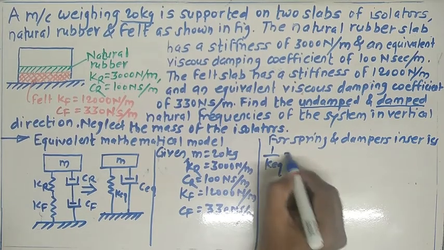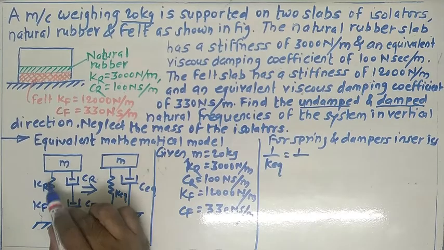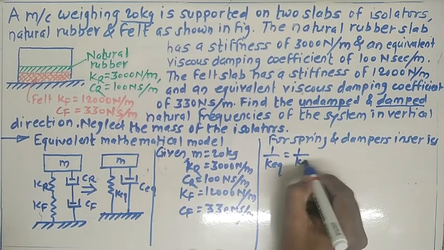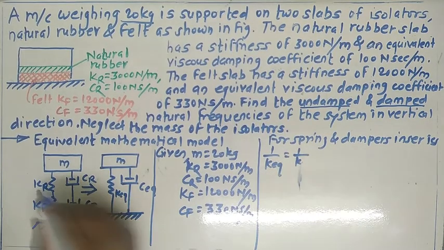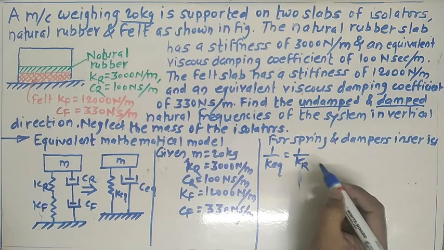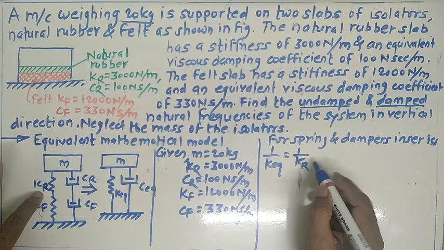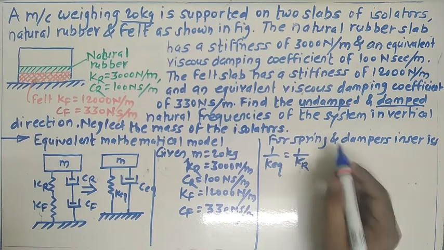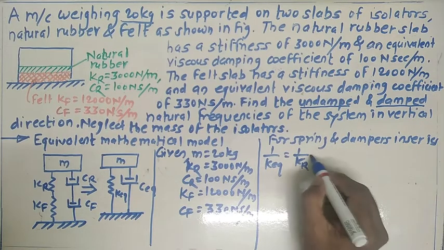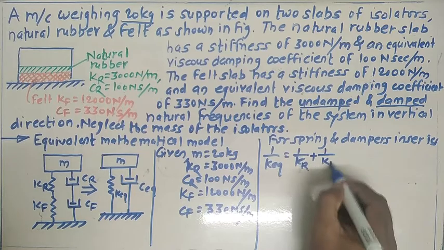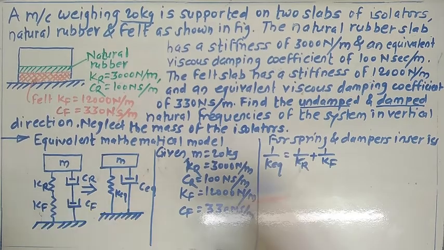The equivalent stiffness for the springs connected in series: the resistance by the rubber in terms of its stiffness, 1 upon kr plus 1 upon kf for the felt.